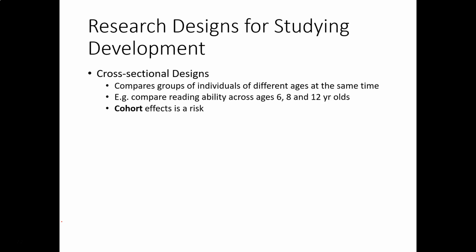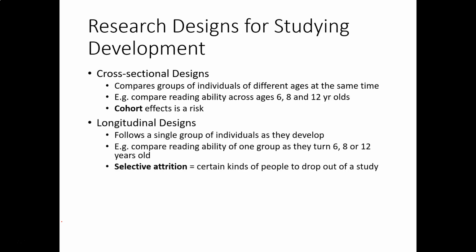And so it's not that big a deal if you're studying kiddos that are within 6, 7 years apart from each other. But if we're studying individuals that are decades apart, the society or culture that they may have grown up in might be different than those that they're being compared to. But we'll talk about cohort effects in the next slide.